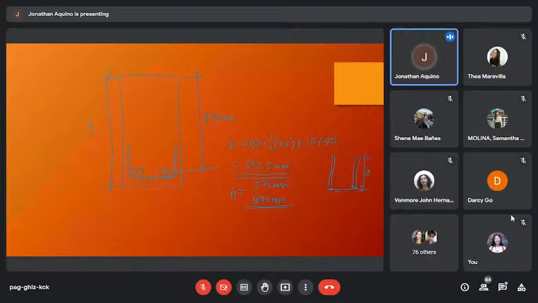So depende sa designer, either 575, yung forma mo, ibaba mo ng konti dito, okay, na mahirap gawin. Or gawin mo 600 siya para diretso yung modular na forma mo.